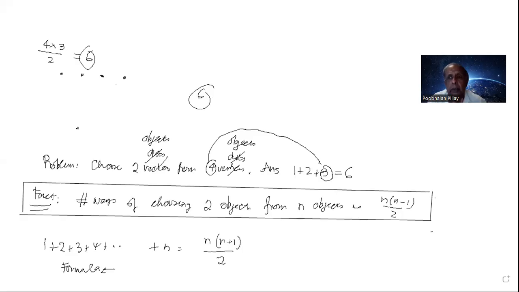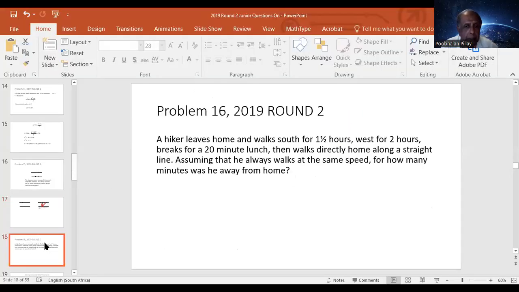All right, so let's get back to our questions and get to the next problem, which is problem number 16. A hiker leaves home and walks south for 1.5 hours. So you walk south and west.